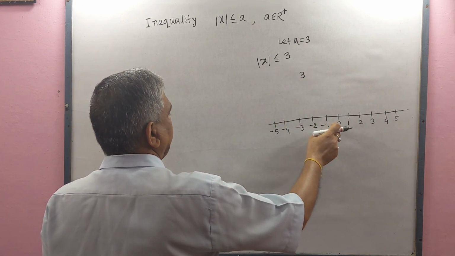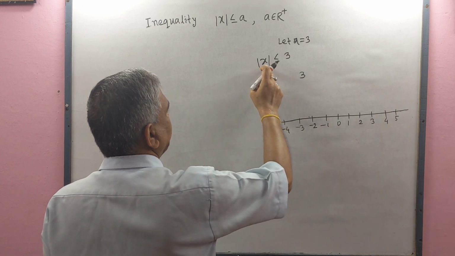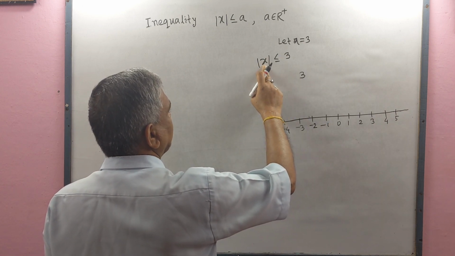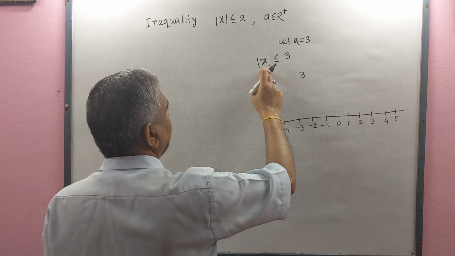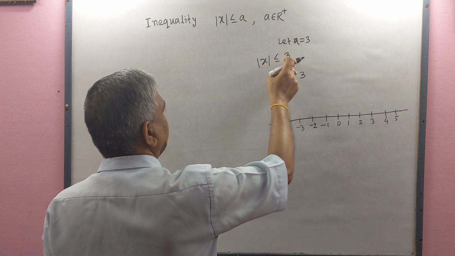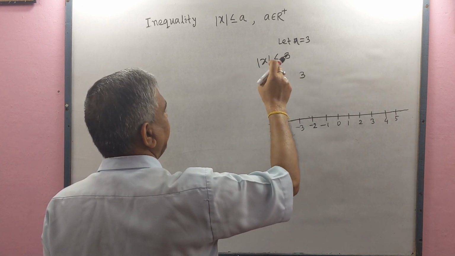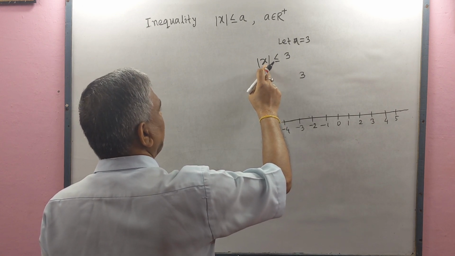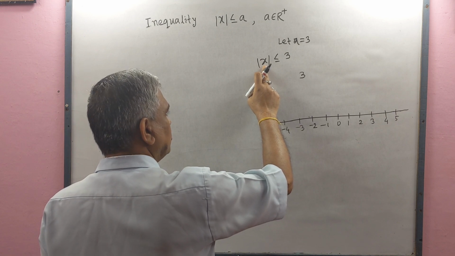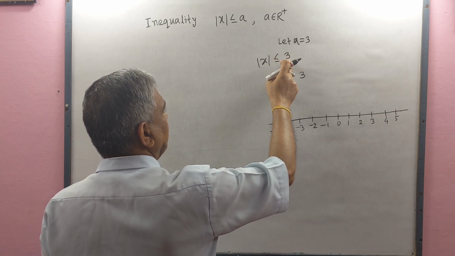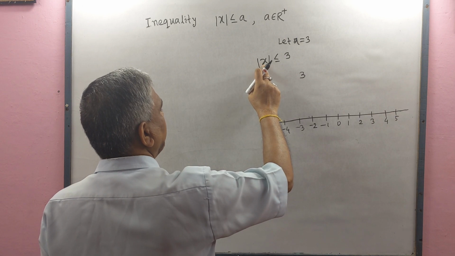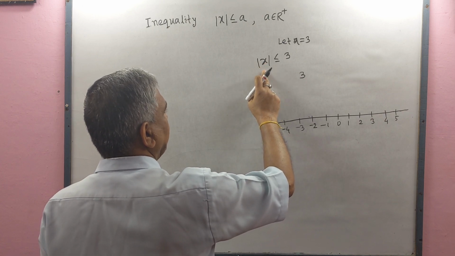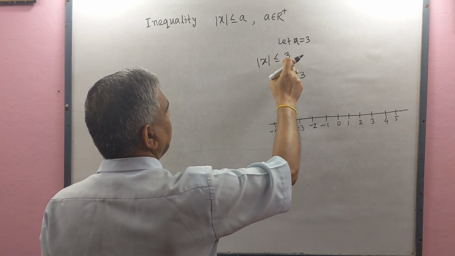And if we take a negative number, x equal to minus 1, modulus of minus 1 means 1, less than 3, which is satisfied. If we put x equal to minus 2, modulus of minus 2 is 2, that is less than 3. If we put x equal to minus 3, modulus of minus 3 is 3, that is equal to 3.